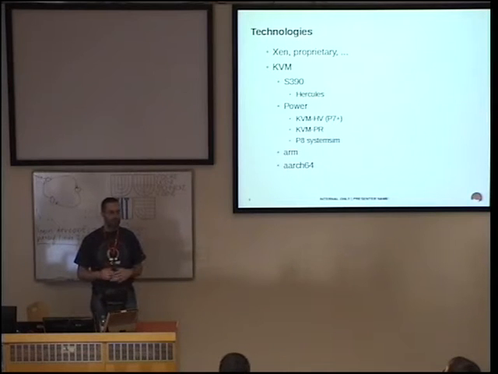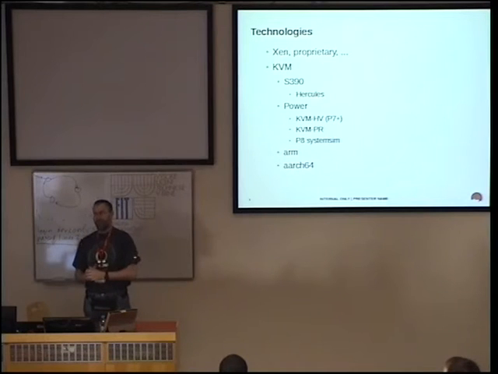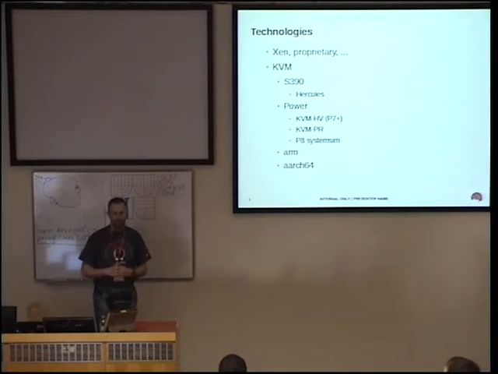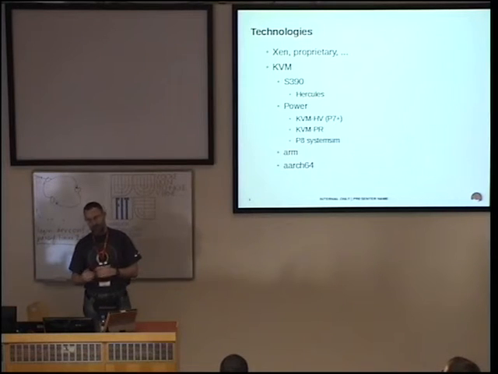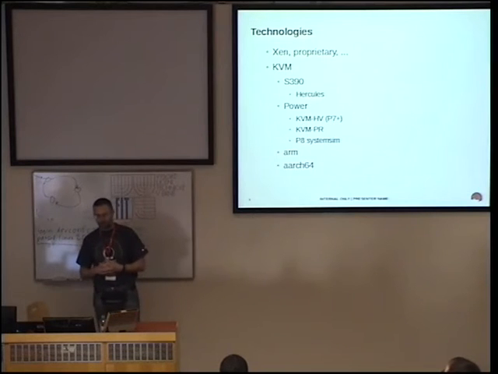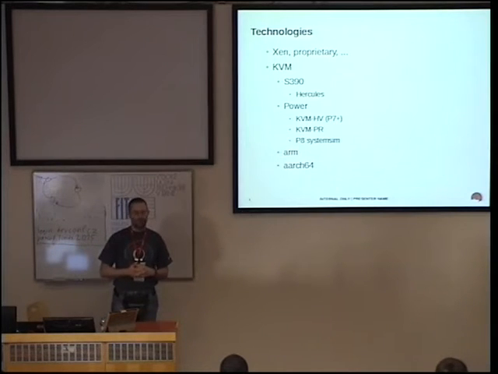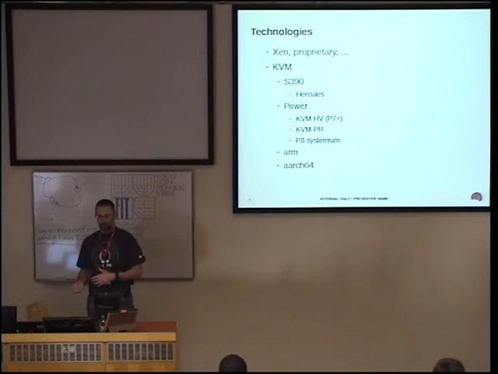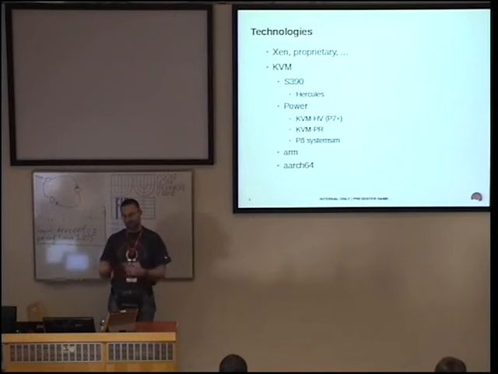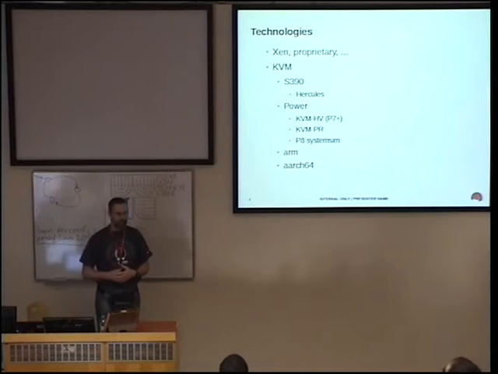I think PowerPC was dropped, ARM was dropped, so it's targeting only the Intel architecture, so not so interesting for us. There are multiple proprietary technologies, especially in the IBM world, where they have virtualization technology, one for mainframes, a second from the Power side of their business.